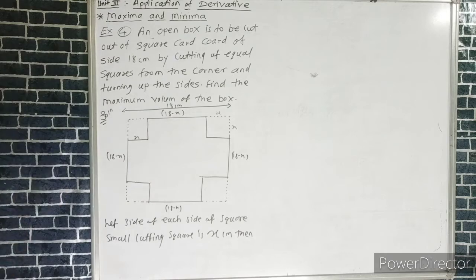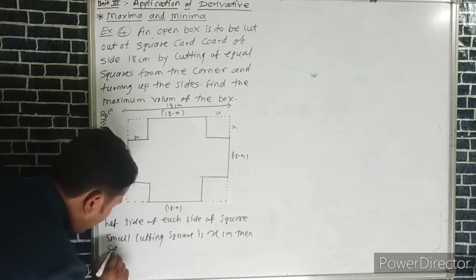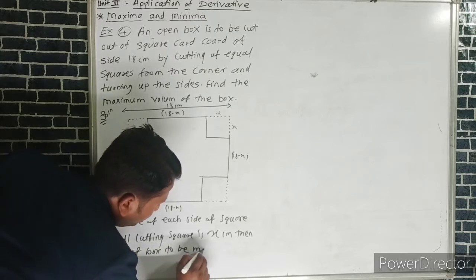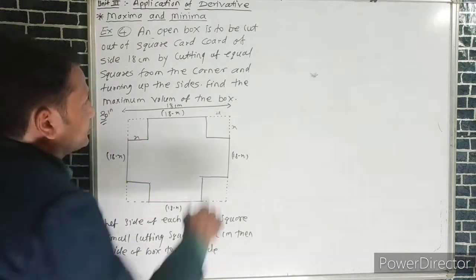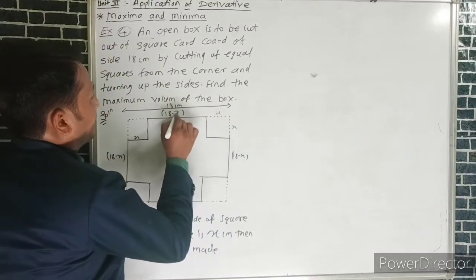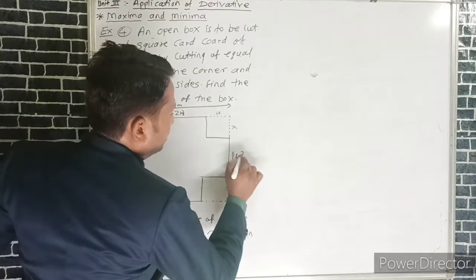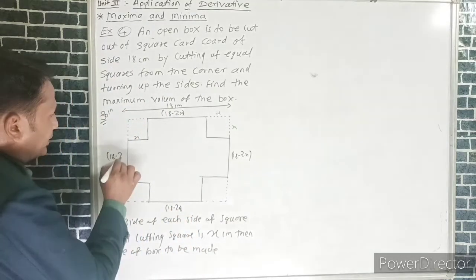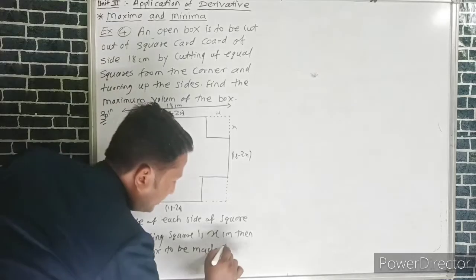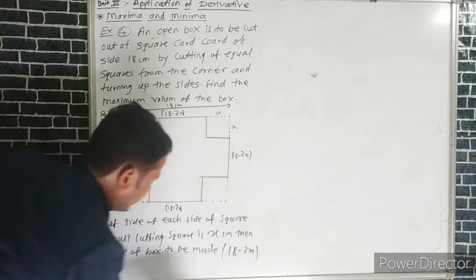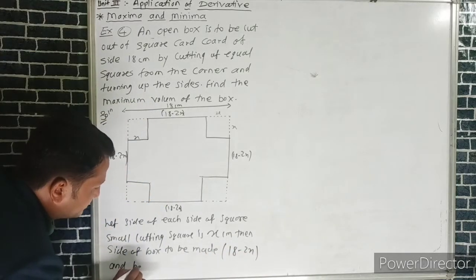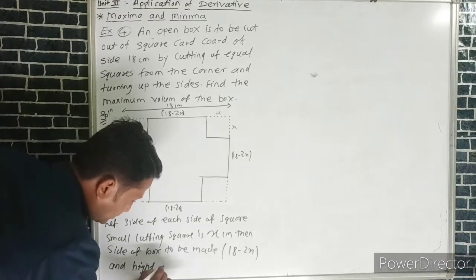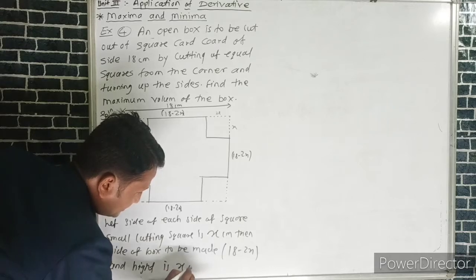Then the side of the box to be made is x plus x plus the remainder, which gives 18 minus 2x, and likewise 18 minus 2x for the other side. The height of the box is x centimeter.